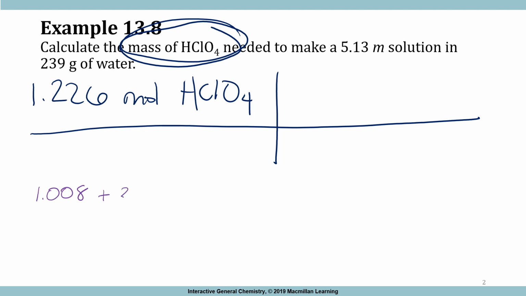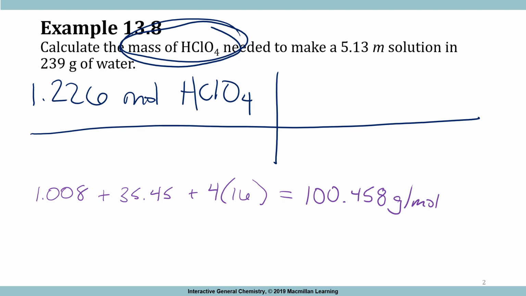Chlorine has a weight of 35.45, and there's one of those. And there's 4 oxygen, so I'm going to do 4 times its atomic weight of 16. So the molecular weight of HClO4 is 100.458 grams per mole.